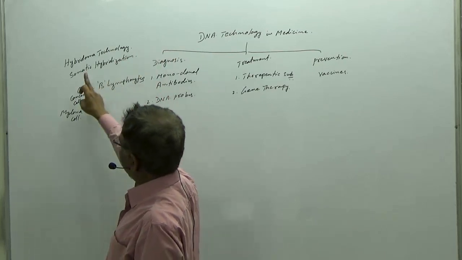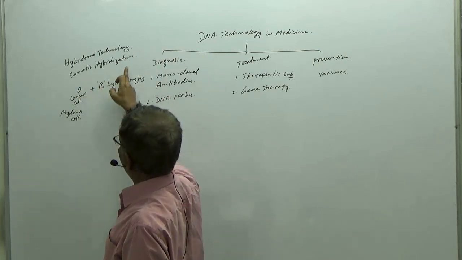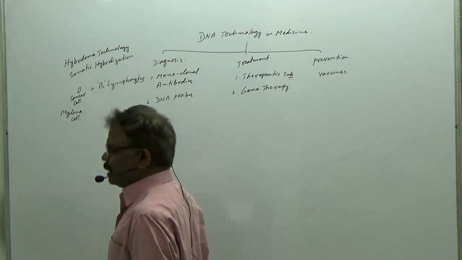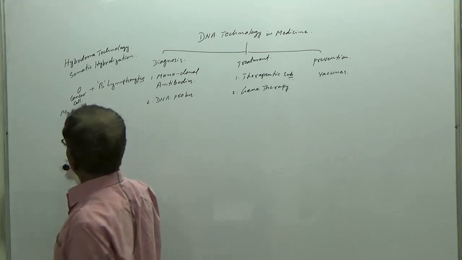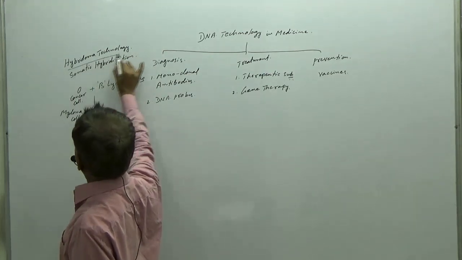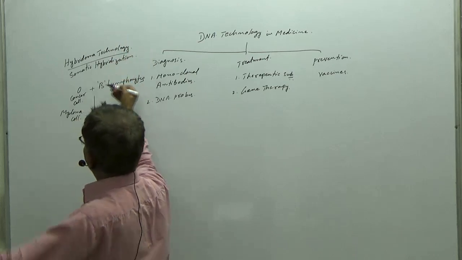That means first they select a cancer cell and an antibody producing B lymphocyte. Then by using hybridoma technology, they fuse these cells.